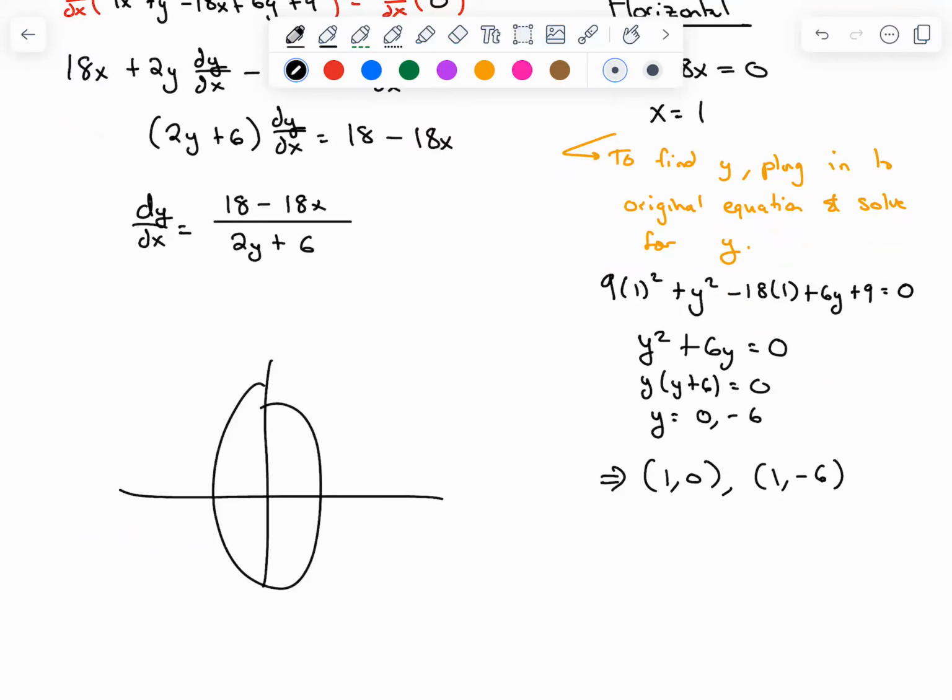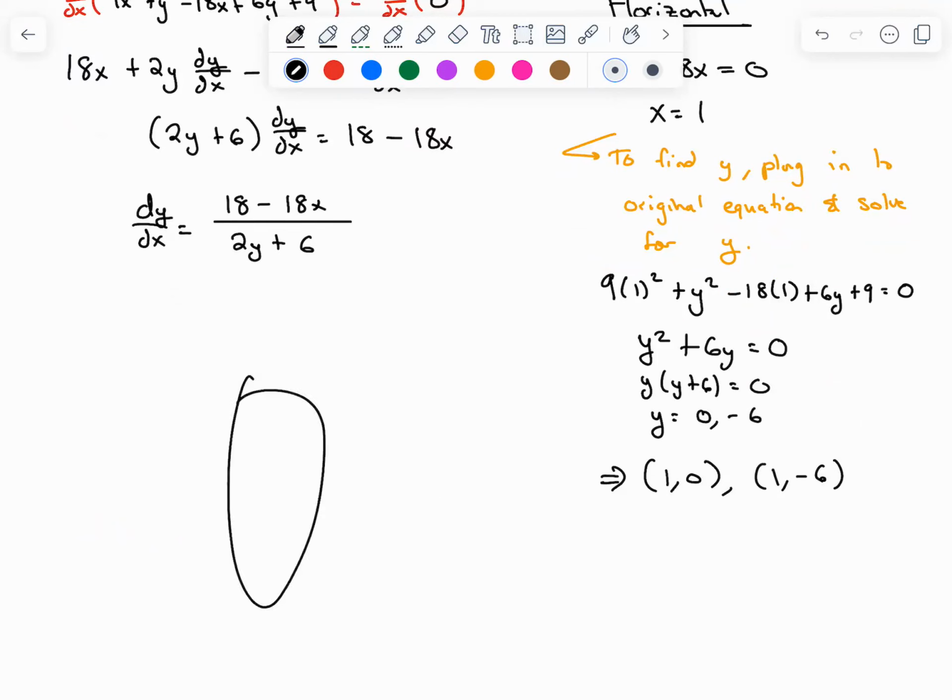If you have an ellipse, doesn't matter which orientation, notice that the horizontal tangent lines have the exact same x value. Their y values are different, but where they occur on the ellipse is the exact same x value. So that's the reason why it's okay. So that is the horizontal ones. We'll box that in.